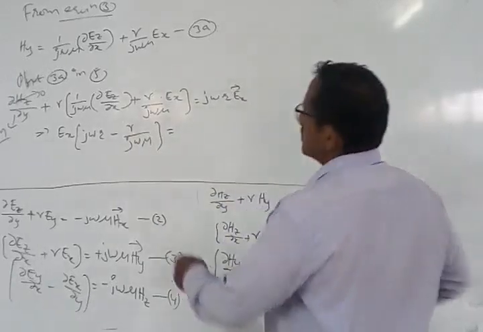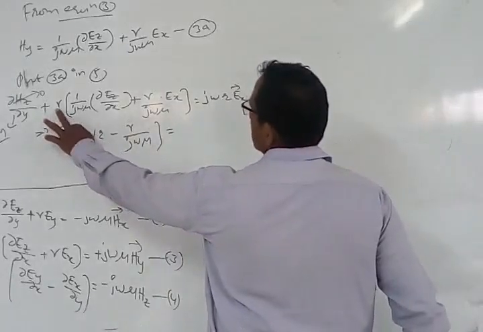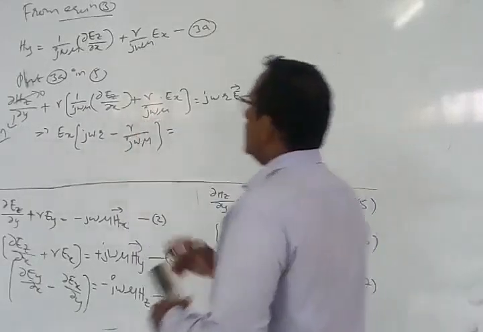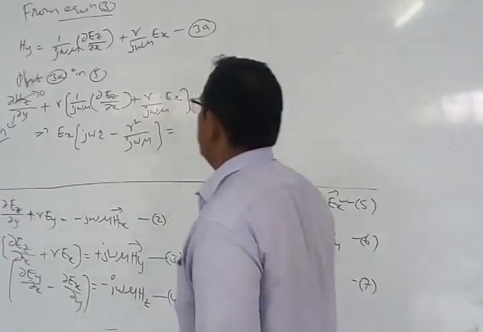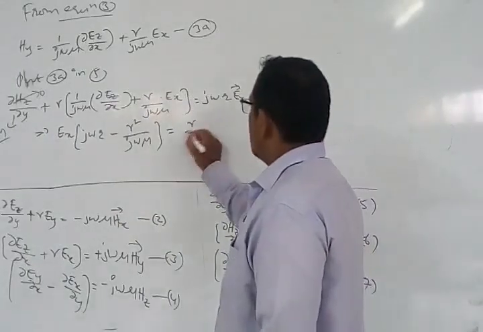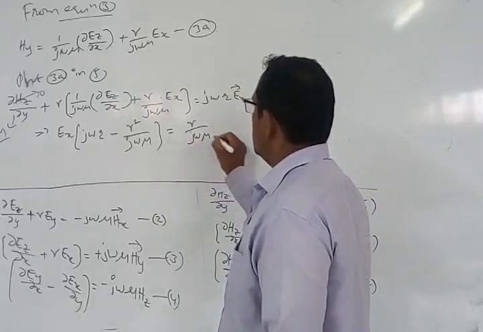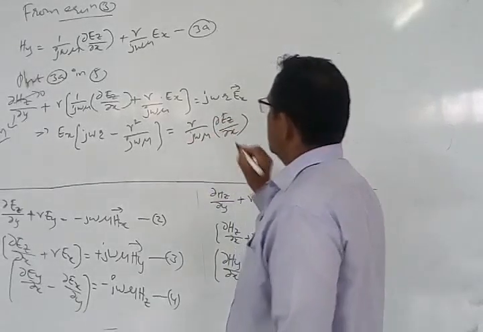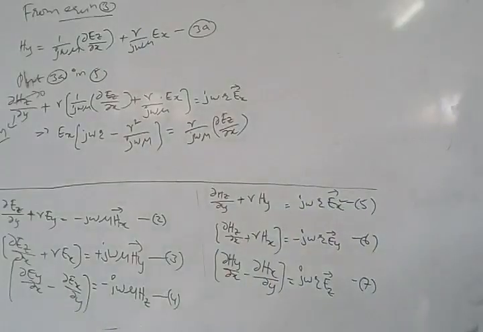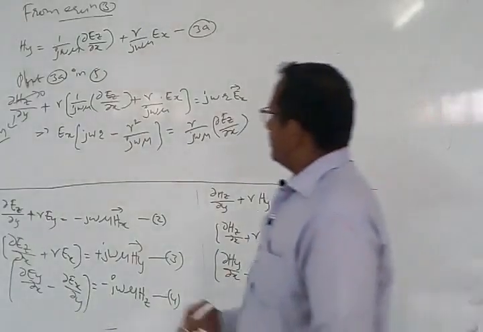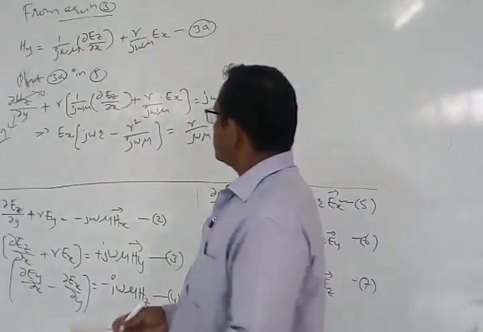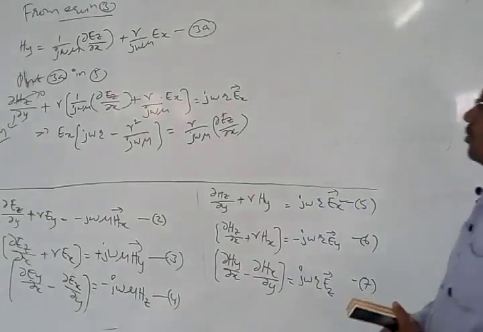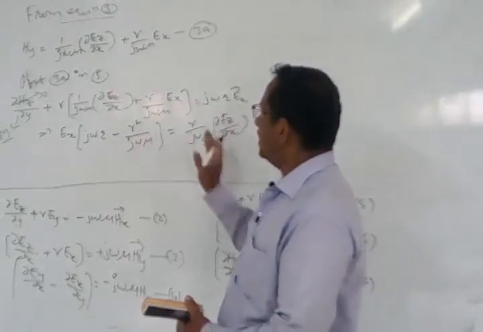I have gamma also here, so gamma into gamma gives gamma square by j omega mu. So I will be having gamma by j omega mu dou Ez by dou x. This is the equation that I will be getting. Now what I will do is multiply on either side by j omega mu.